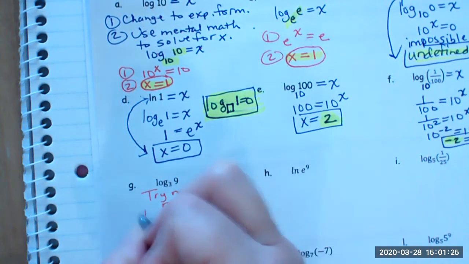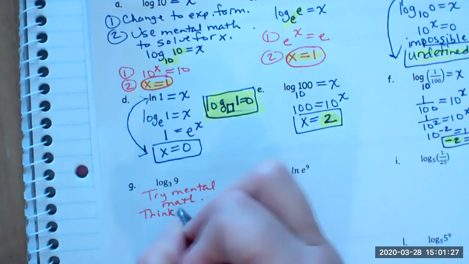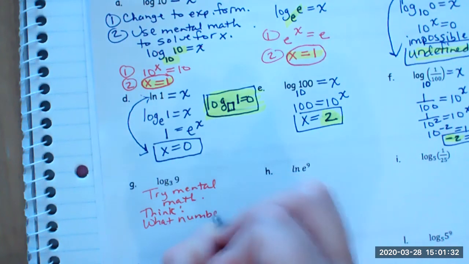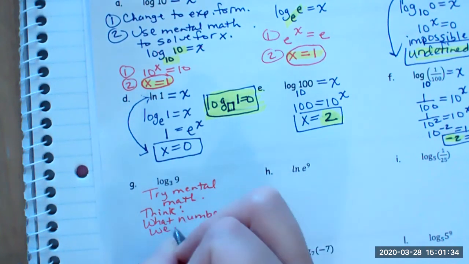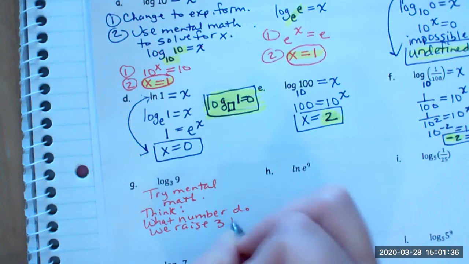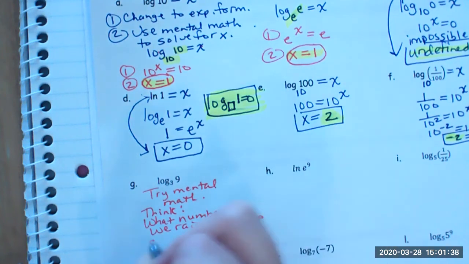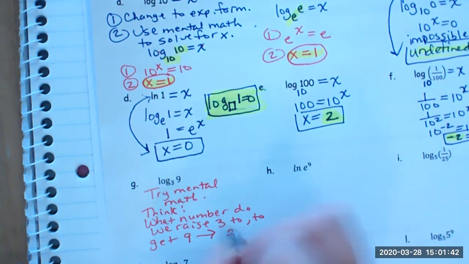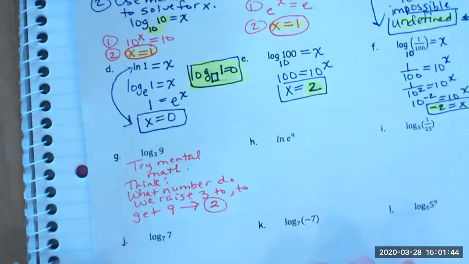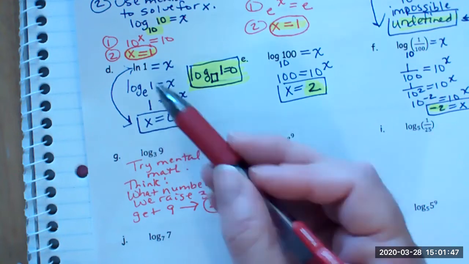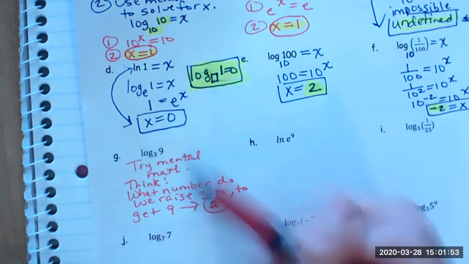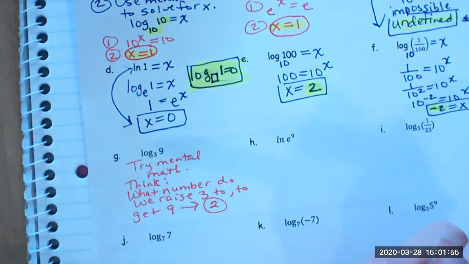I want you to think, what number do we raise 3 to get 9? And the answer, of course, is 2. Now, if you worked this out using the methods we were just doing by changing to exponential form, you should still have gotten the same result, but it's useful to be able to use mental math instead.